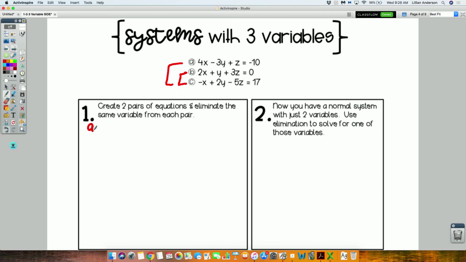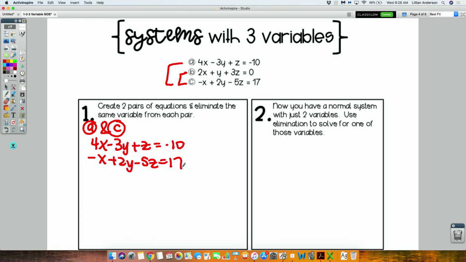So if I look at A and C, that is 4x minus 3y plus z equals negative 10, and negative x plus 2y minus 5z equals 17. I need to eliminate x from these two equations.